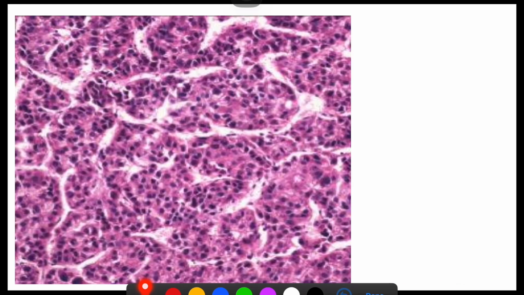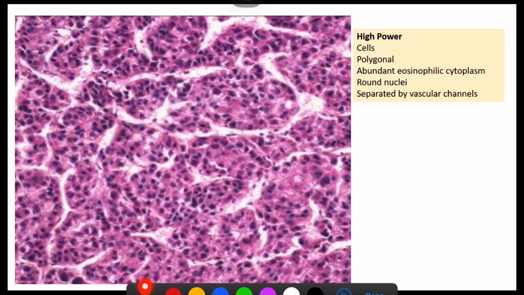So here also you can identify trabecular pattern, and in high power view the cells are polygonal, with abundant eosinophilic cytoplasm and rounded nuclei, separated by this vascular channel. Now how will you identify this vascular channel? These vascular channels are lined by endothelial cells.